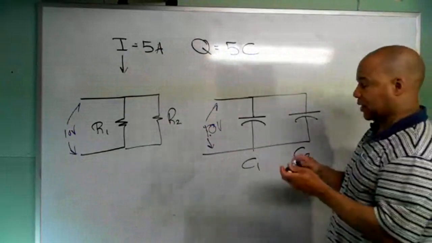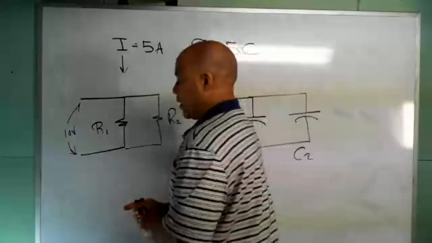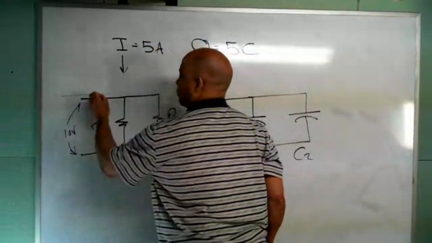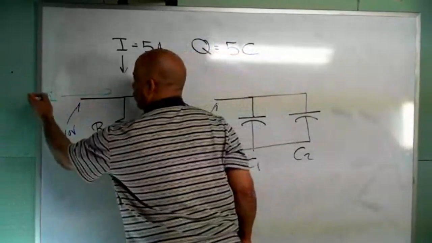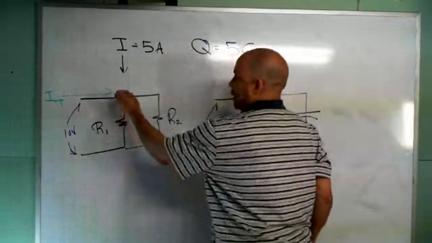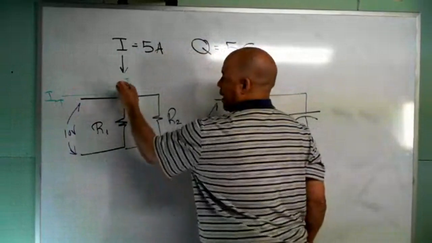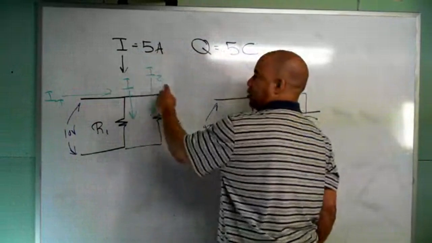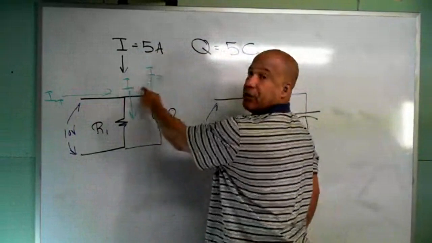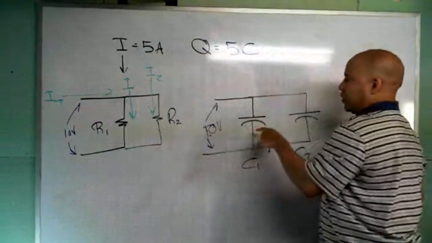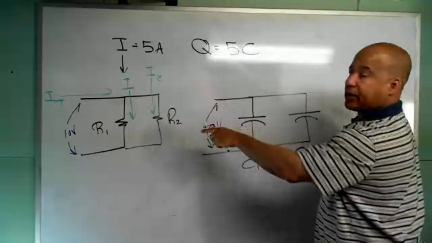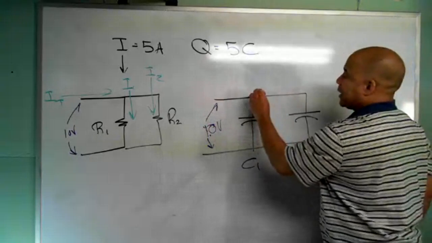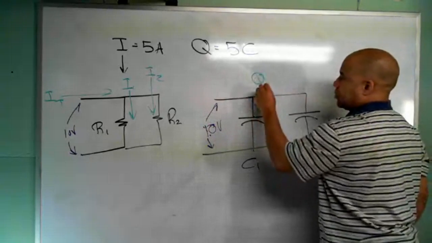But the charge is what I told you to think about. So here, if current is flowing here, let's say I got the total current here, this will get a certain amount of current, I1, and this could get a certain amount of current, I2, and the total current will be the sum of these two. Well, what's true for current in resistor circuits is true for charge in capacitor circuits. This will get a certain amount of charge. It'll charge up to a certain level.